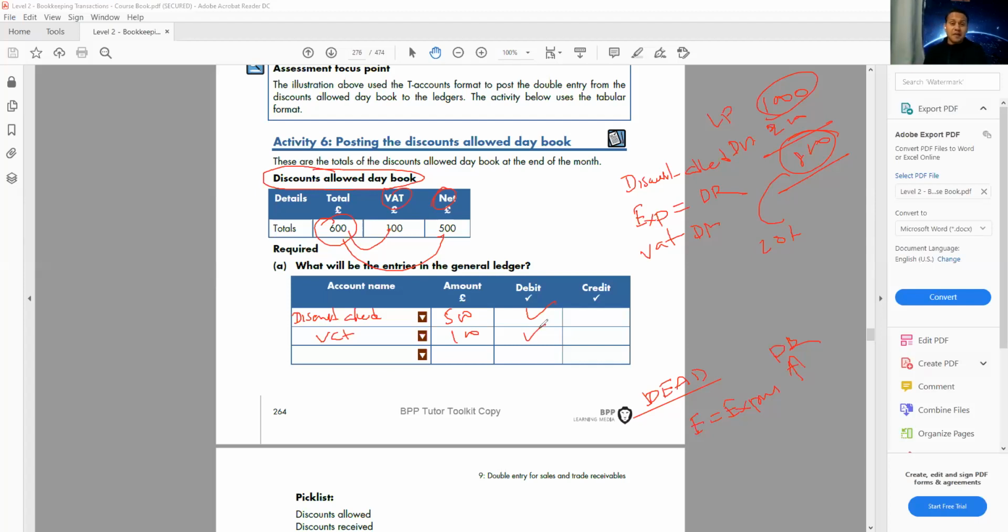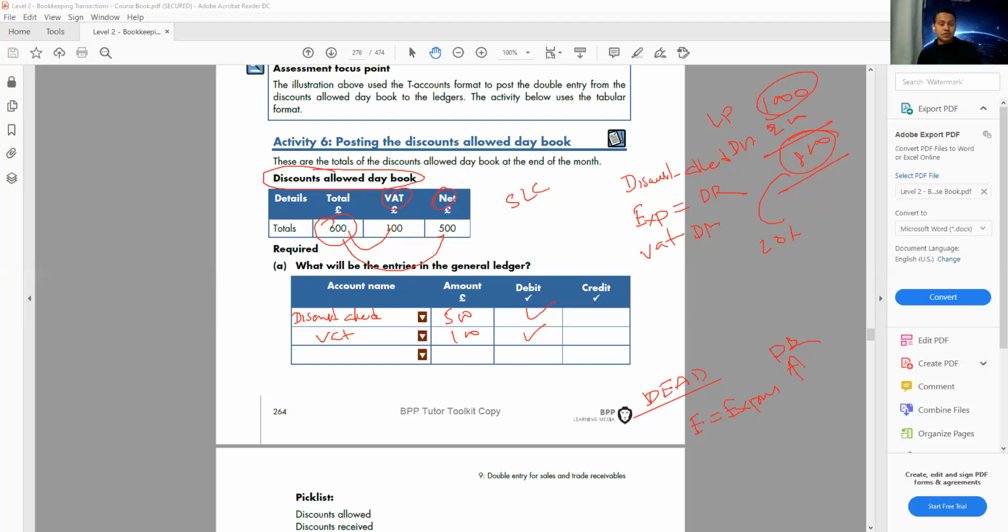Now, my final question is, because of the discount you're giving to the customer, is the customer going to pay you more or less? If you give a discount to your customer, the customer is going to pay us less. If the customer pays us less, will my sales ledger control go up or go down?